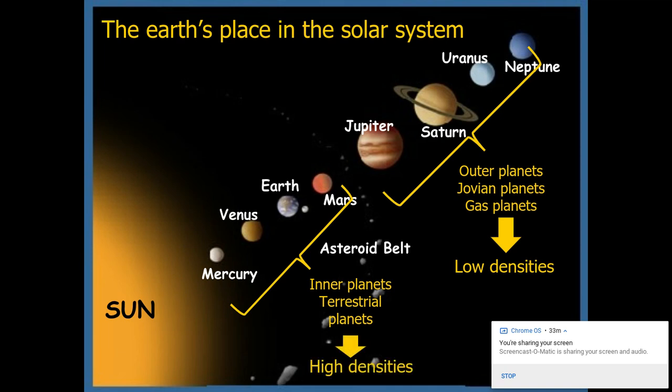Terrestrial planets are considered high density planets. So again, these are very heavy planets for their size in terms of density. In fact, Earth is about 5.5 grams per cubic centimeter, which is just about the heftiness of an iron ball. So if you were to reduce Earth down to the size of a baseball and drop it in water, it would sink very rapidly to the bottom.